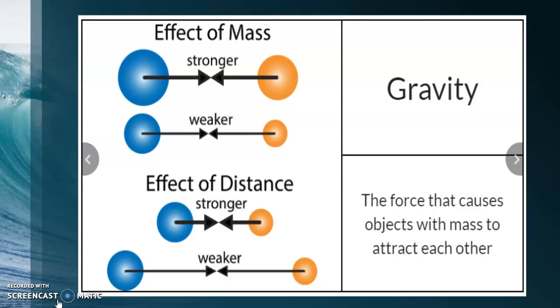So think about mass and distance. The closer they are together, the stronger they are attracted. The further they are apart, the weaker they are attracted. Gravity is the force that causes objects with mass to attract to each other. Stronger attractions closer, weaker attractions further. Pause the video here and write down that definition.